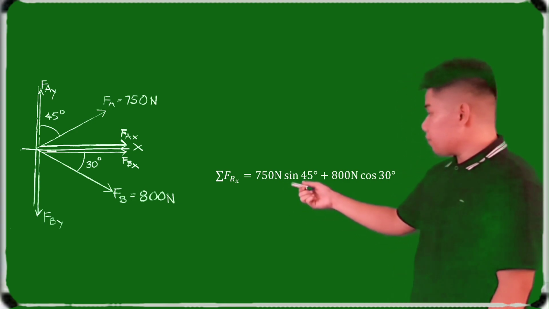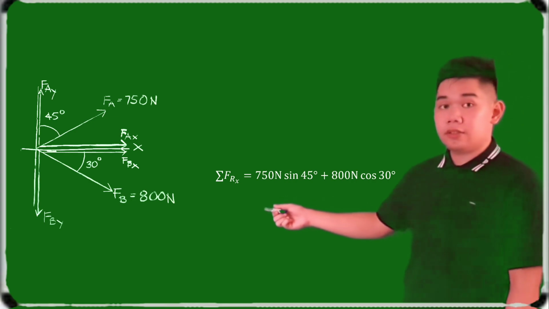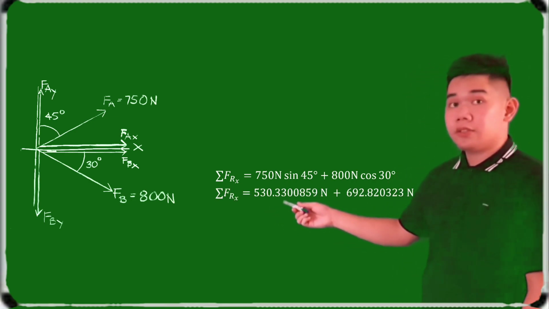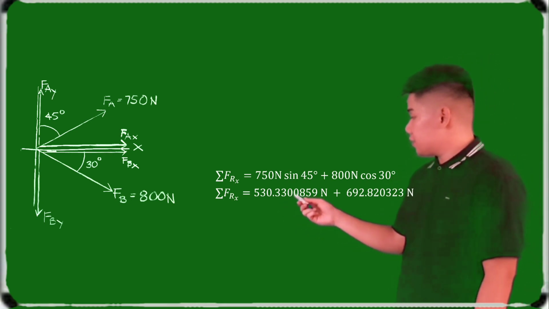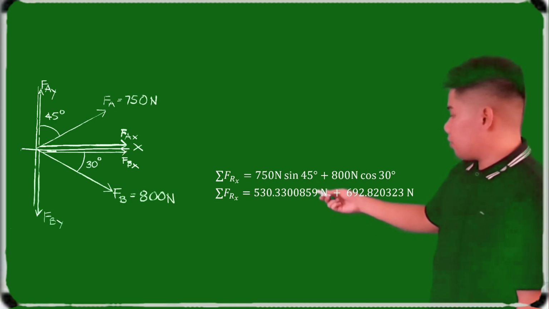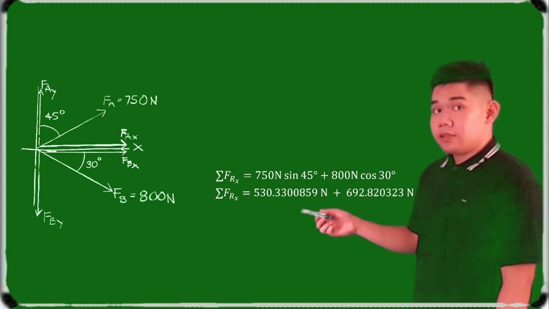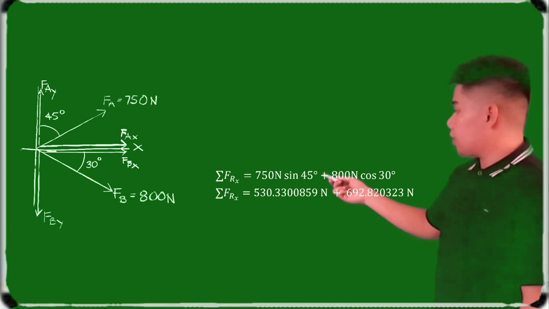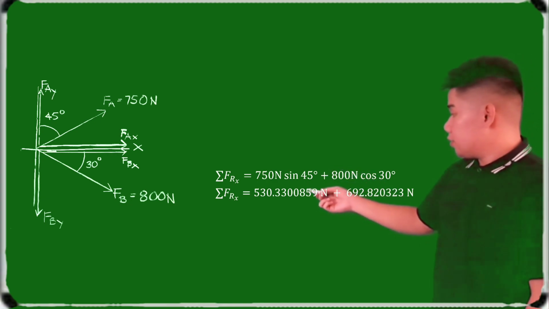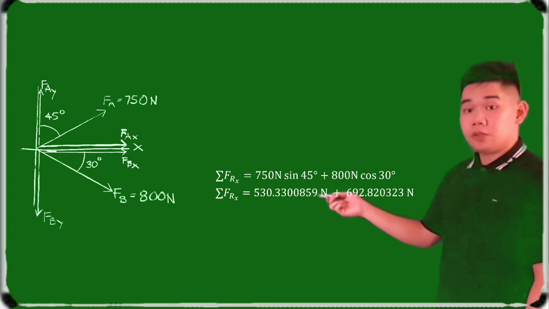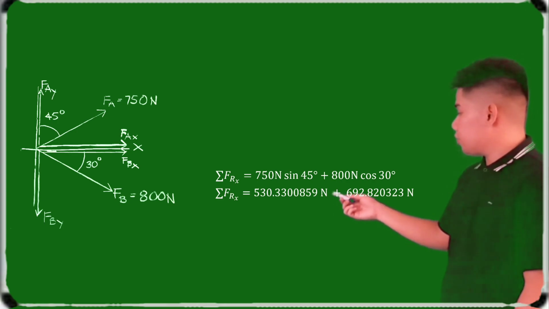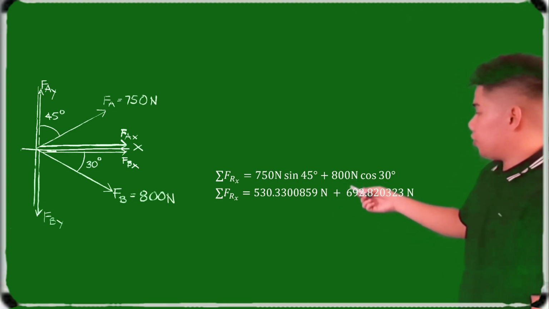In order to get that, we calculate 750 sine 45 degrees. We get 530.3300859 Newton, plus 800 cosine 30 degrees, we get 692.0820323 Newton.